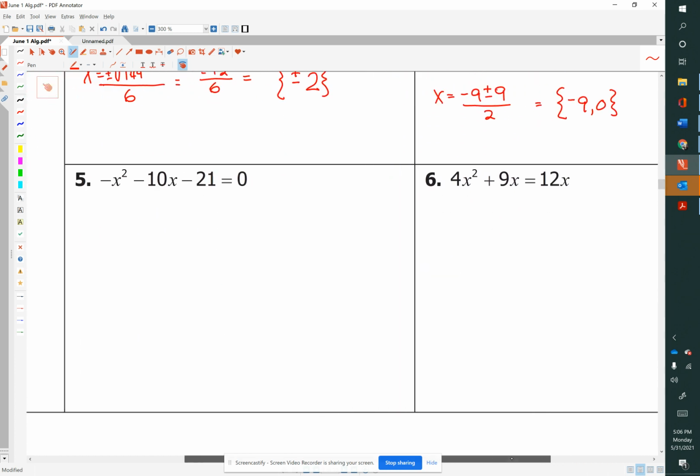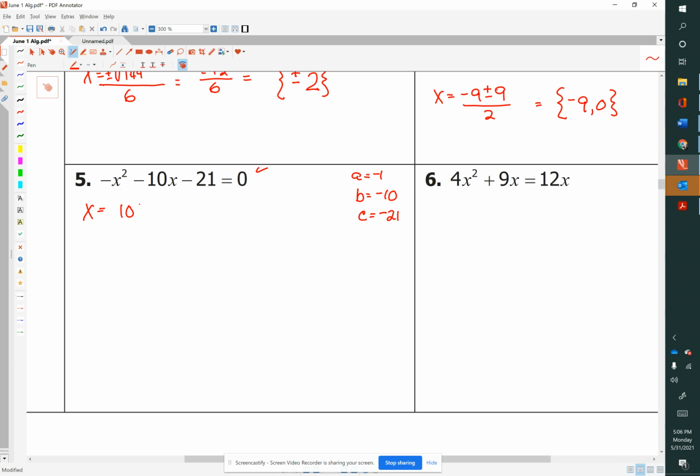So number 5, let's see, negative x squared minus 10x minus 21. It's already in standard form. We're okay with that. Our a is negative 1, our b is negative 10, and our c is negative 21. So let's start our substitutions. X equals, so negative 10, the negative of negative 10 is positive 10.